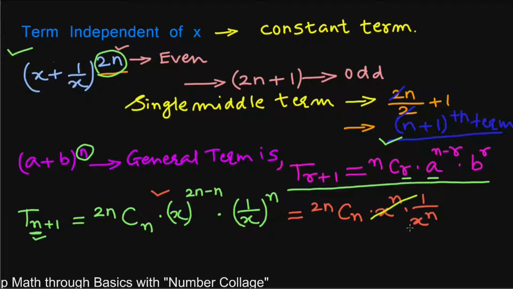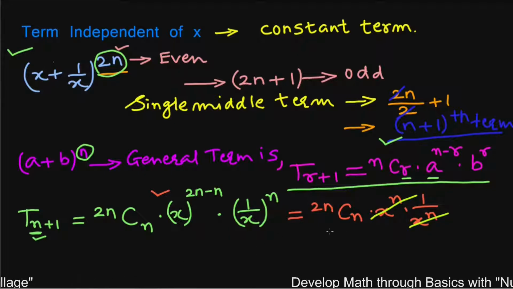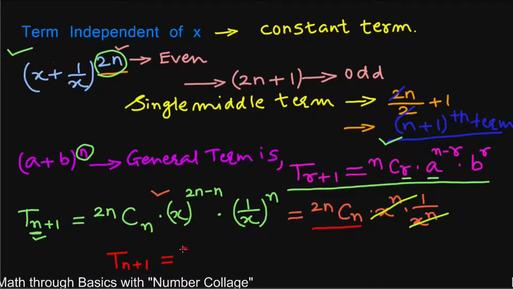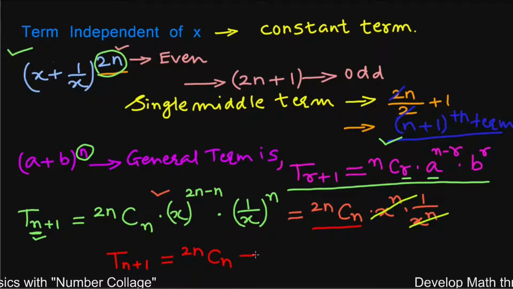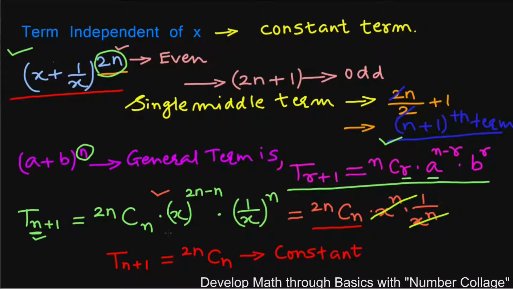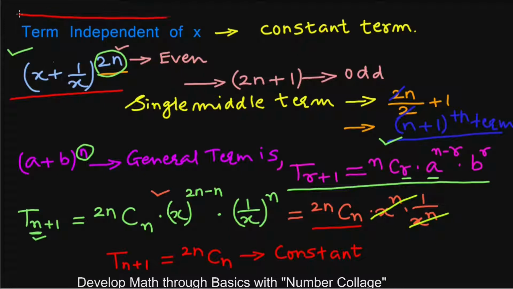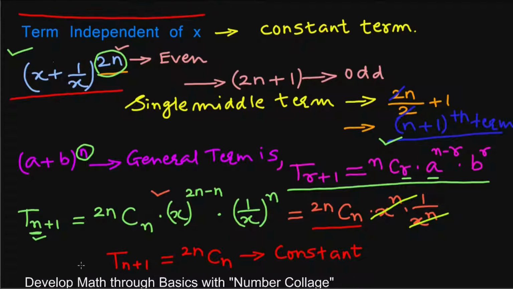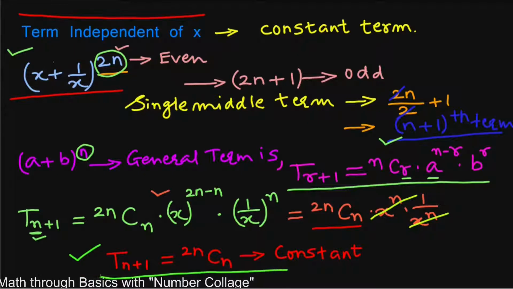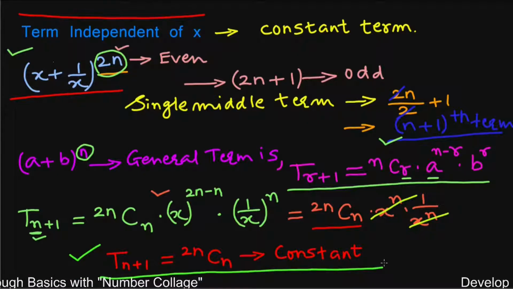X raised to n cancels with this x raised to n, and we are left with the middle term t n plus 1 equals 2n c n, which is a constant. Hence, for this binomial expansion, the term independent of x will be this t n plus 1, which is 2n c n, and it is going to be a constant term and hence independent of x or free from x.